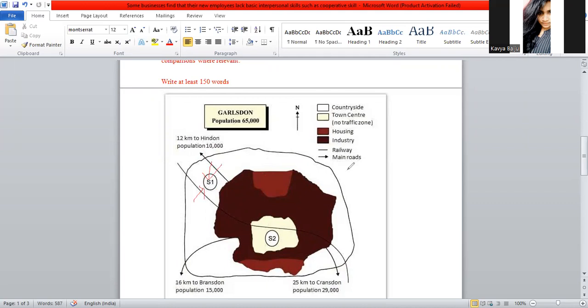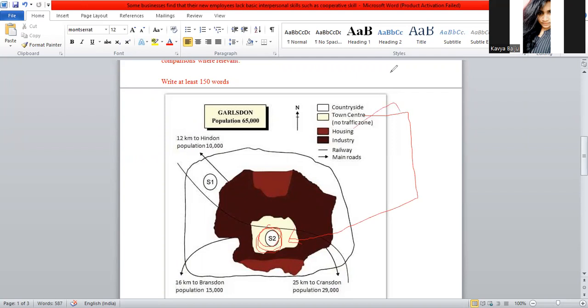Now we can go ahead with the second establishment, the proposed site for the second supermarket. You can see that it is at the town center. That's the most advantage, and it is at the heart of the town. Anyone can come towards the center.